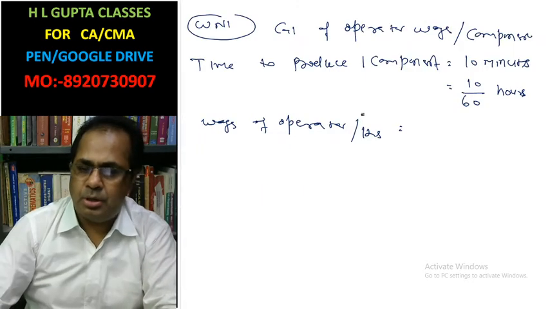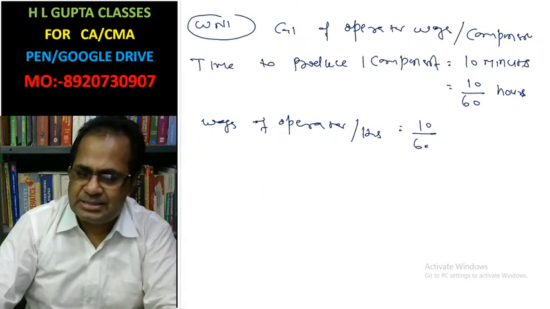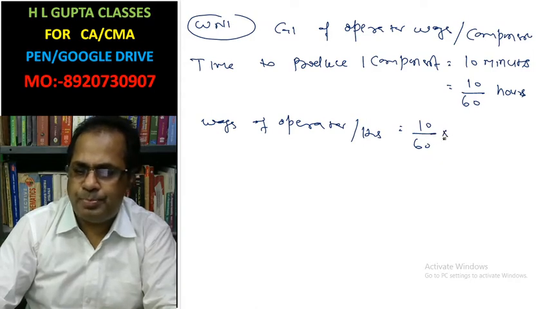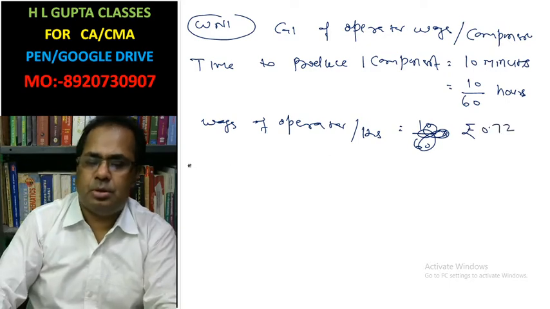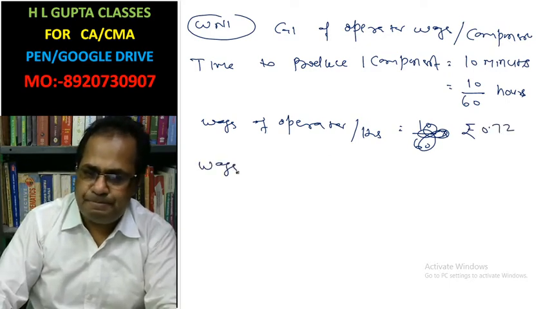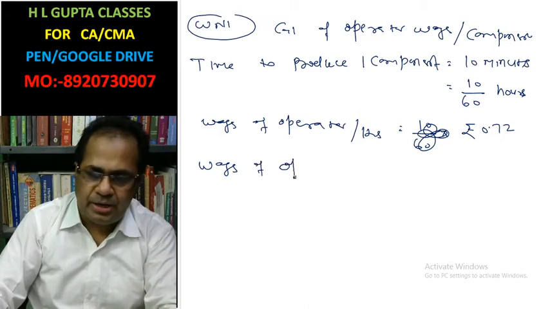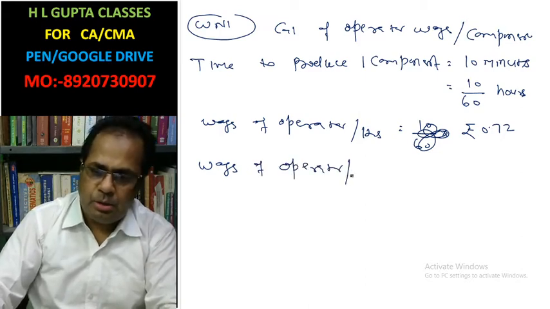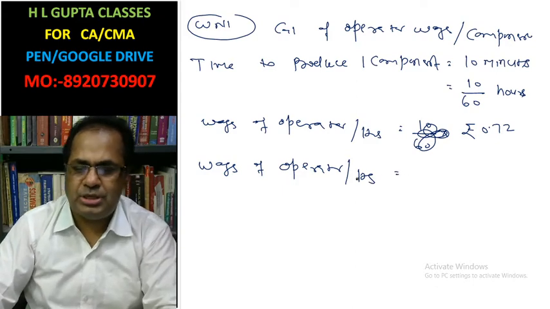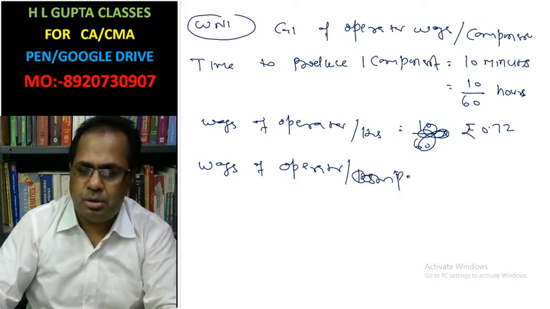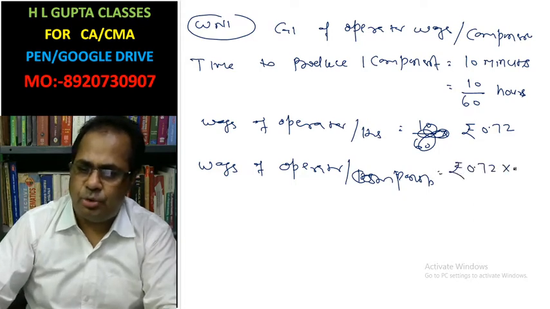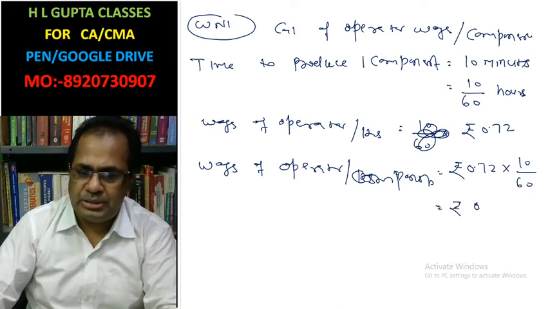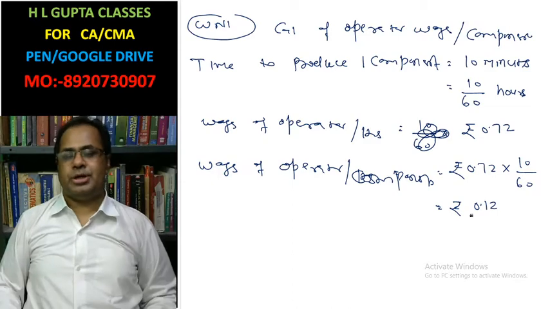So 10 by 60 into rupees 0.72. Wages per component: rupees 0.72 into 10 by 60 equals rupees 0.12 per component.